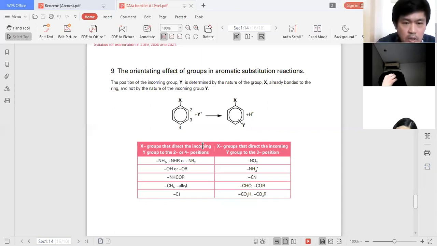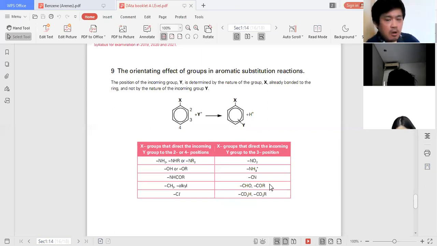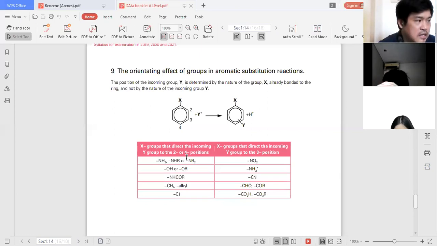Okay, so in this one, what are the functional groups? What we studied is not all of the functional groups of the benzene. It is only partial, because we do not study all the structures of the functional groups of benzene, or we call them derivatives of benzene.